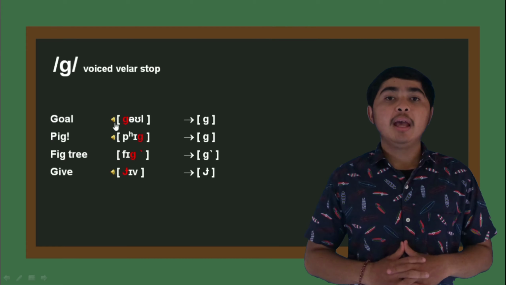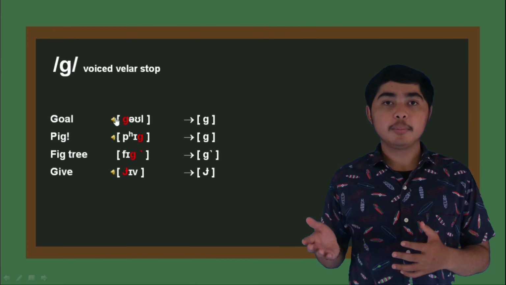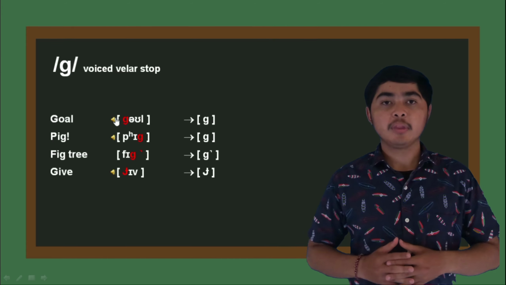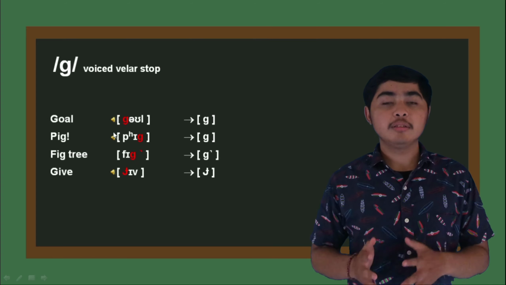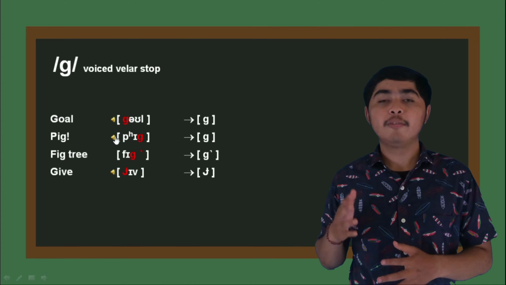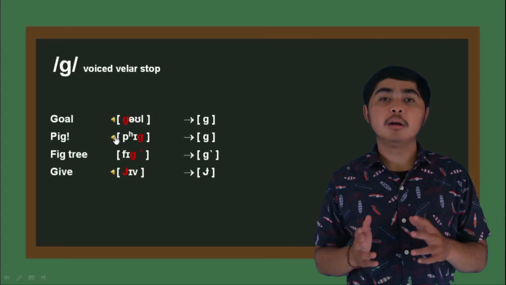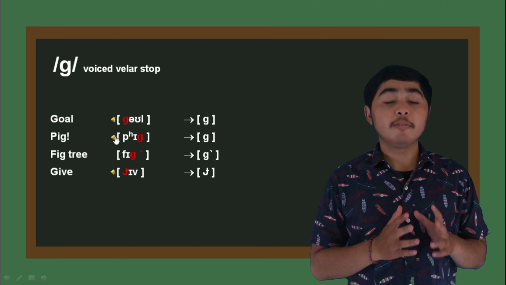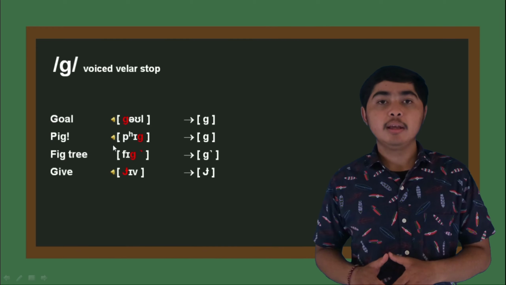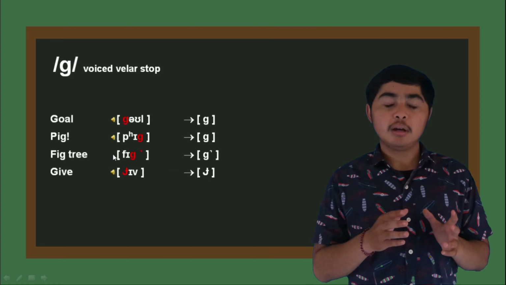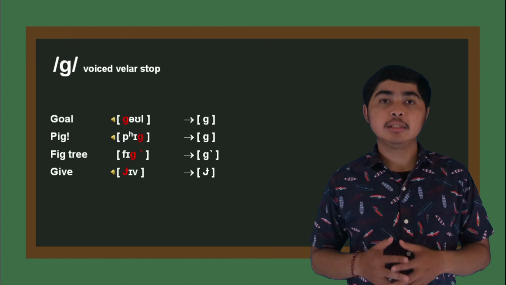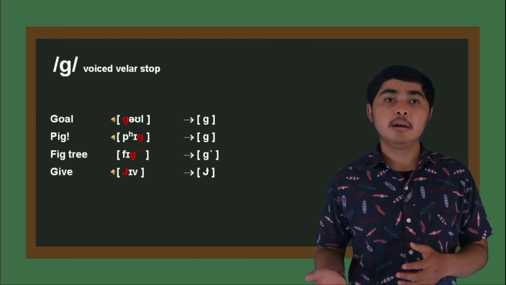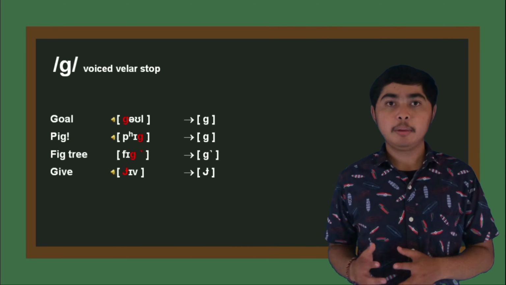Elsewhere it is pronounced as the basic g, except if it is positioned in the final syllable before a voiceless consonant or silence, where it becomes unreleased, just like in fit trade.